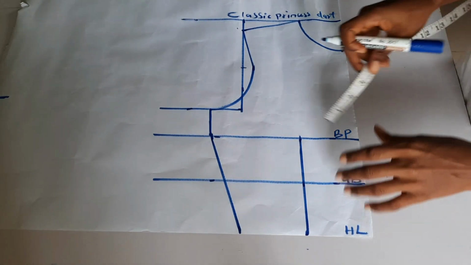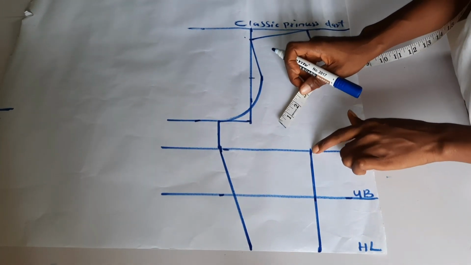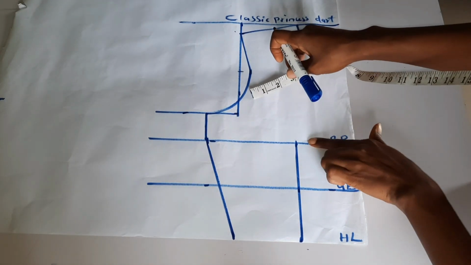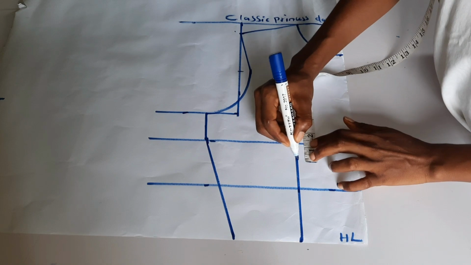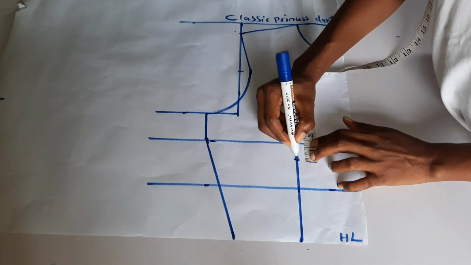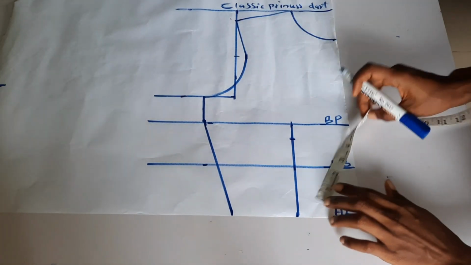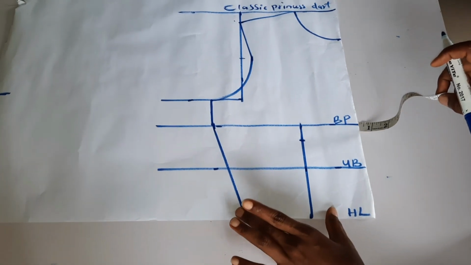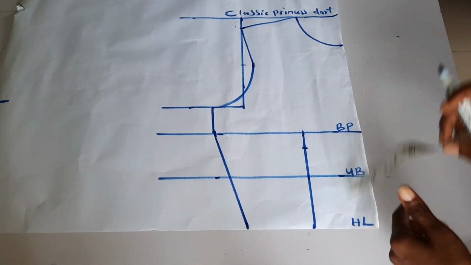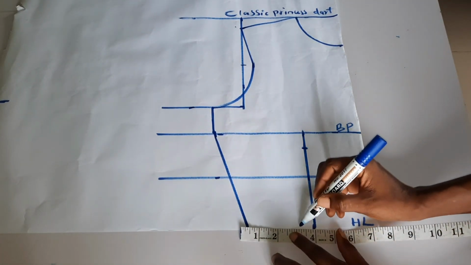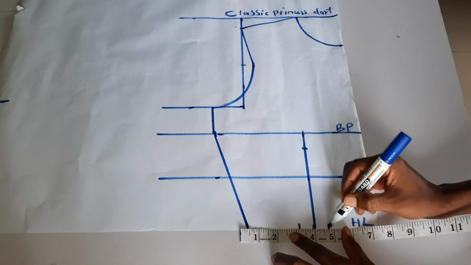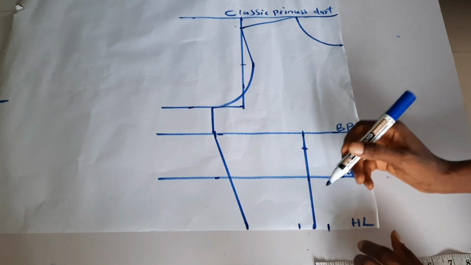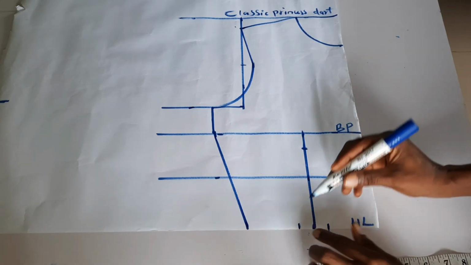So next, on this bust point, I'll be going down by 1 inch. I want to create my dart, so I'm going down by 1 inch first of all. Then here on this half length point, I'm going to be opening up by 0.75. Please, if you're working for somebody who has a smaller breast, go ahead and open by half an inch on each side.